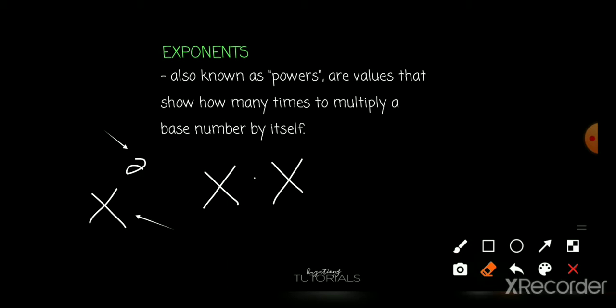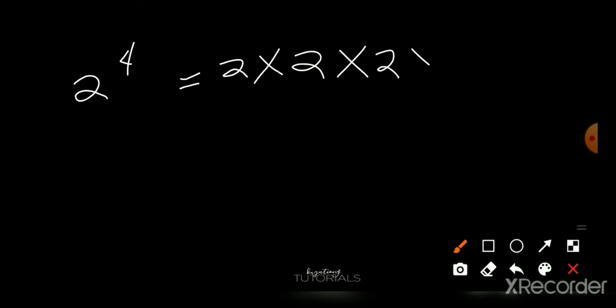Okay, example ta karon, let's have 2 to the power of 4. So, of course, si 2 atong kaupat-on. So, this is 2 times 2 times 2 times 2. Para di ta maglibog, di ta mo gamit og x.